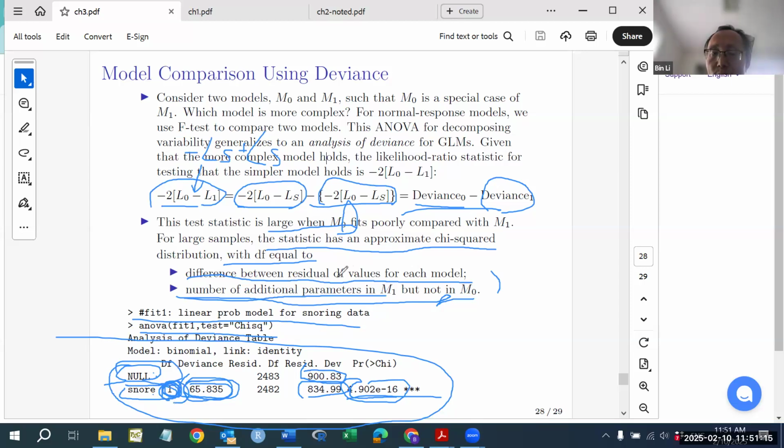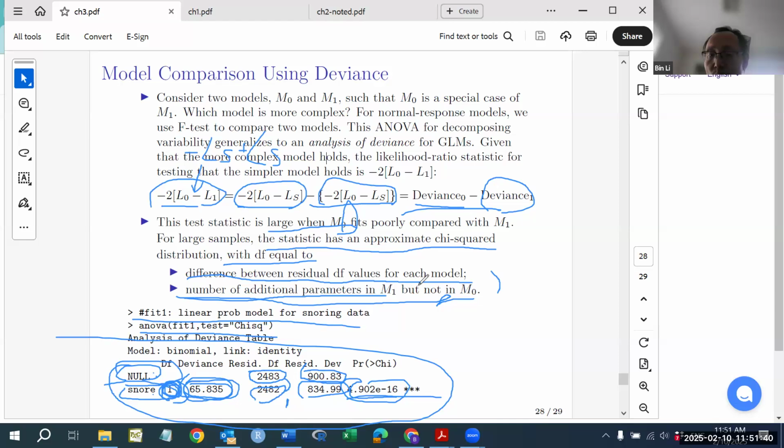And you can also use the degrees of freedom for the residuals. You can see the degrees of freedom for the residuals is 2,483, and this is 2,482. So the difference is what? The difference is 1. You see that? So both approaches give you 1. Which one is easier to use?